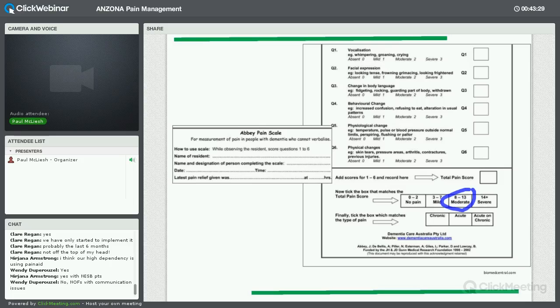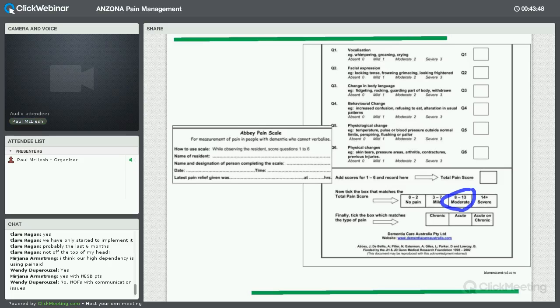If the score hasn't changed, it either means that it's not so much pain but more agitation, or that you haven't given the person enough analgesia to cover their pain. So it's a little bit of a judgment call, I guess, about how well that works.